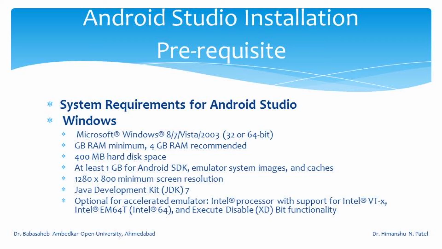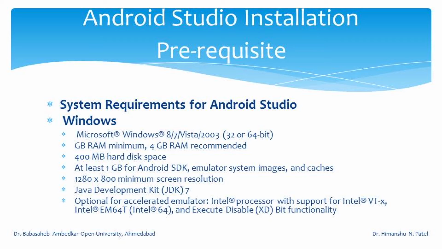Then you should have minimum 400 MB hard disk space, maximum it may be 4 to 5 GB. At least 1 GB for Android SDK, emulator system images and caches. Your monitor should be at least 1280 by 800 screen resolution.